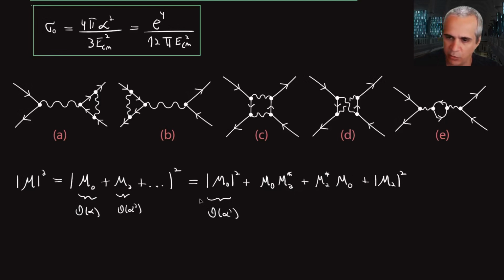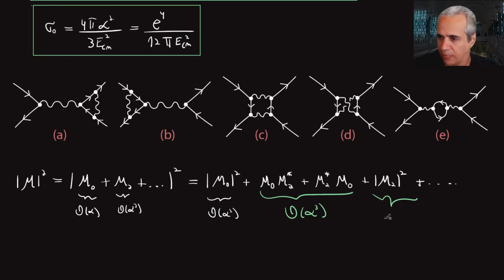So just by looking at the orders here, this guy is order alpha, this one is order alpha square. So this whole contribution is actually order alpha cubed, right? And then whatever comes next, because there are more terms here, even cross terms between M2 and whatever comes next, M0 and whatever comes next.